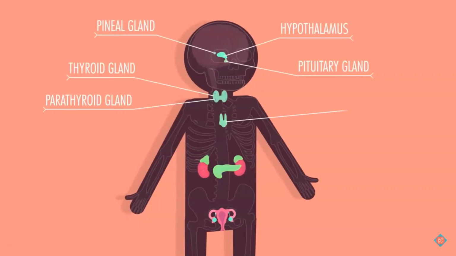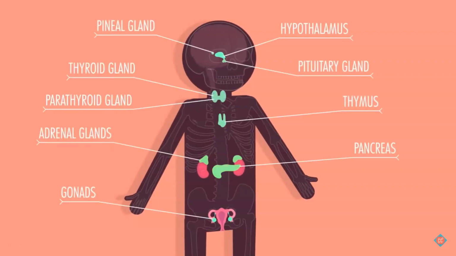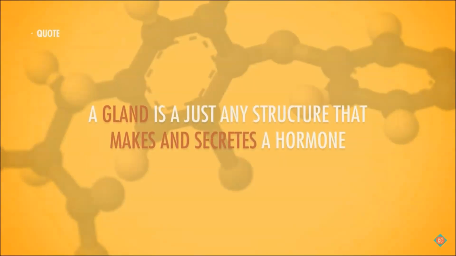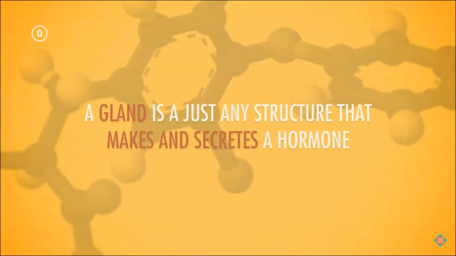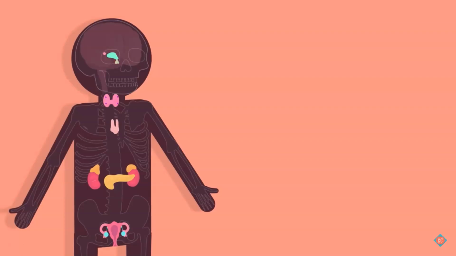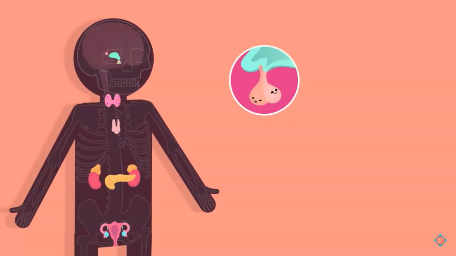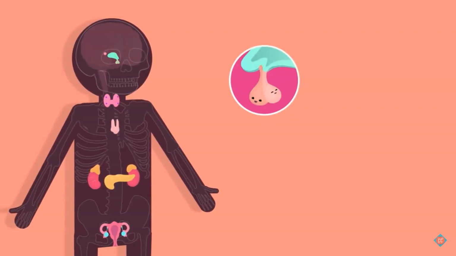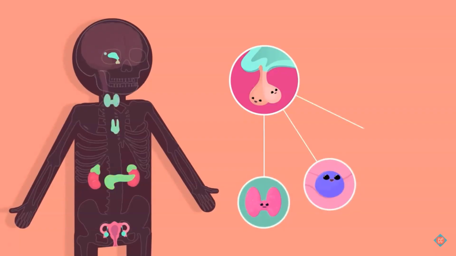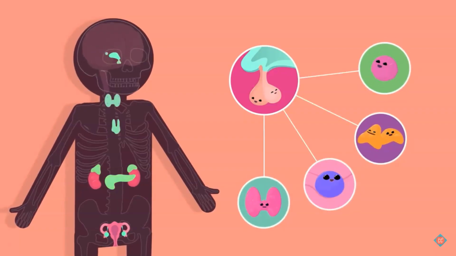Now, compared to your heart or brain or other arguably more glamorous organs, your endocrine system's organs and glands are kinda small and lumpy. They're also rogues. Instead of being all nestled together like in your other organ systems, these guys are scattered all over the place, from your brain to your throat to your kidneys to your genitals. A gland is just any structure that makes and secretes a hormone, and the master gland in your body is the pituitary, which produces many hormones that signal other glands, like the thyroid, parathyroid, adrenal, and pineal glands, to make their own hormones.